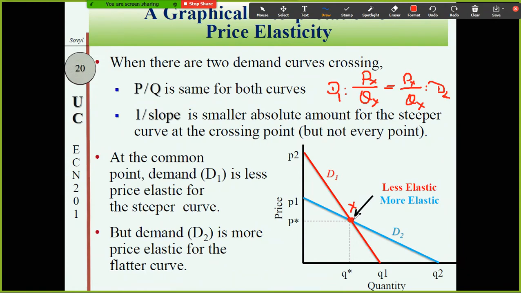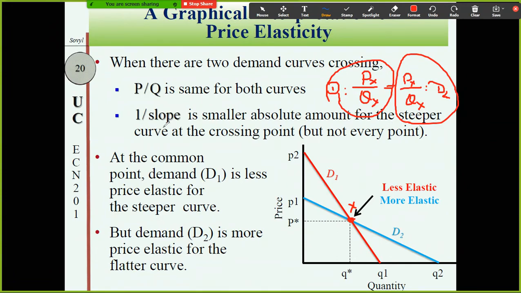Why? Because they are the same point, not the same curve, the same point. X on D1 is this side, X on D2 is this side, but because they are at the same location here, they are the same.